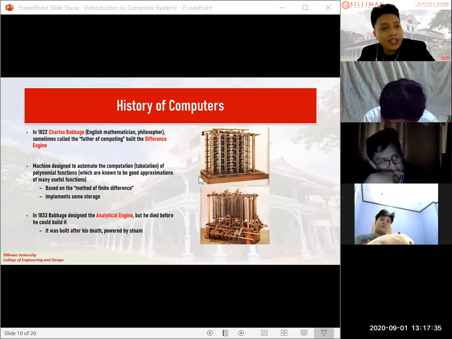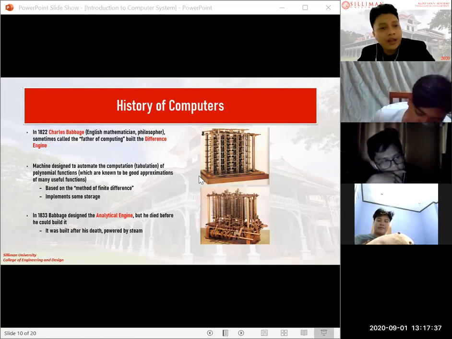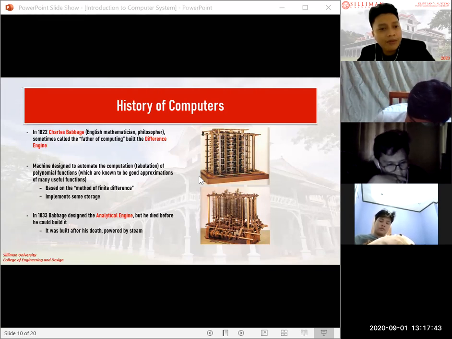Then later on, in 1833, Charles Babbage created another one, which is the analytical engine. But he died before he could build it. It was built after his death, powered by steam. Electricity was not yet invented or discovered during that time.